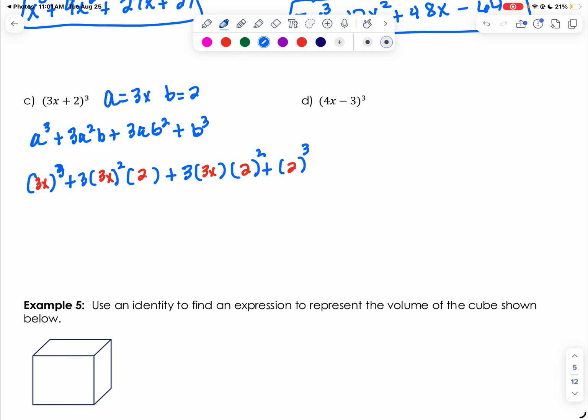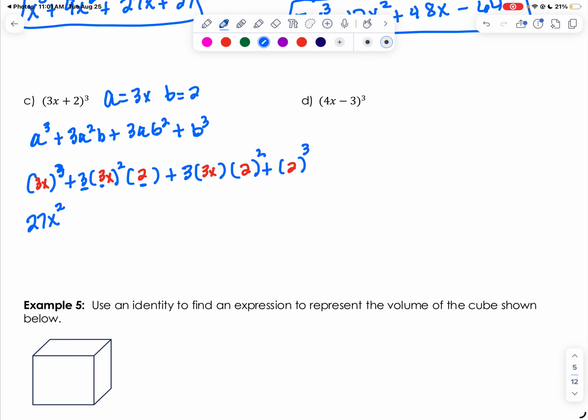All right, so 3x quantity cubed. You are cubing the 3, which is 27, and the x, which is x cubed. In my next term, I'm taking 3 times 3 squared times 2.